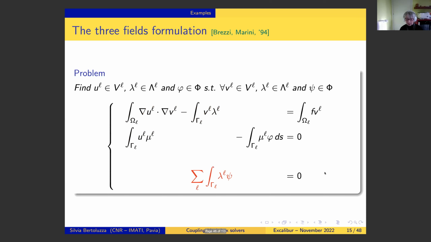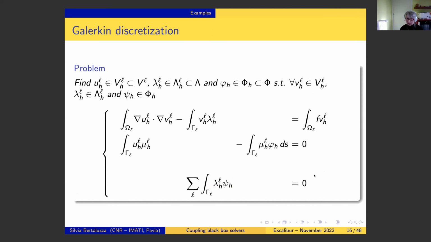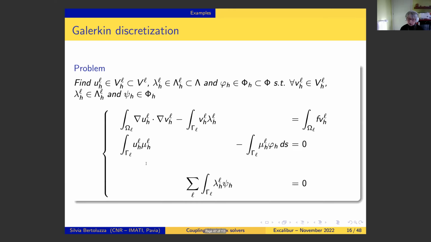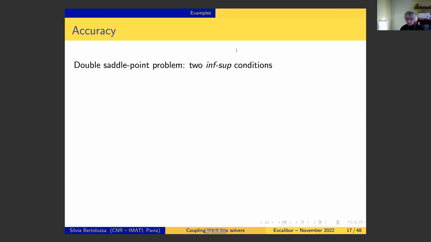And so if I discretize all the spaces with the Galerkin method, I end up with this large discrete system. First of all, if I study the whole system, I can bypass my abstract analysis and do a direct analysis of the problem.